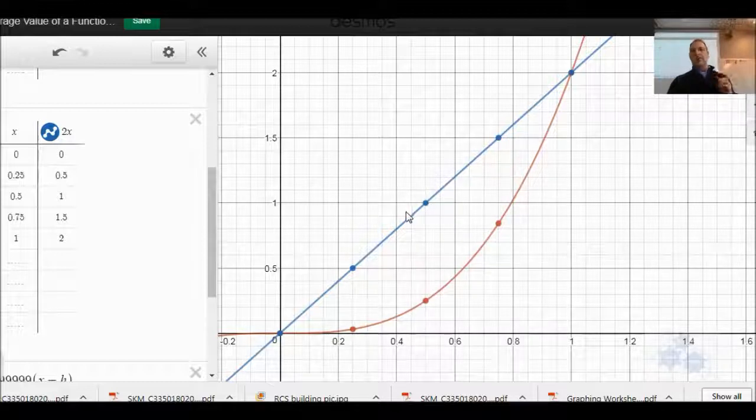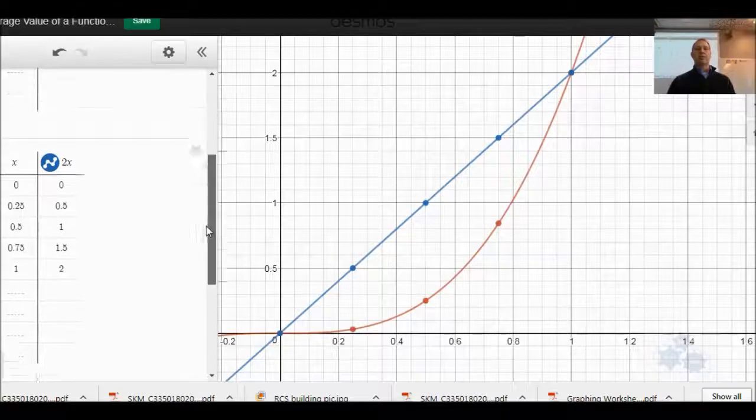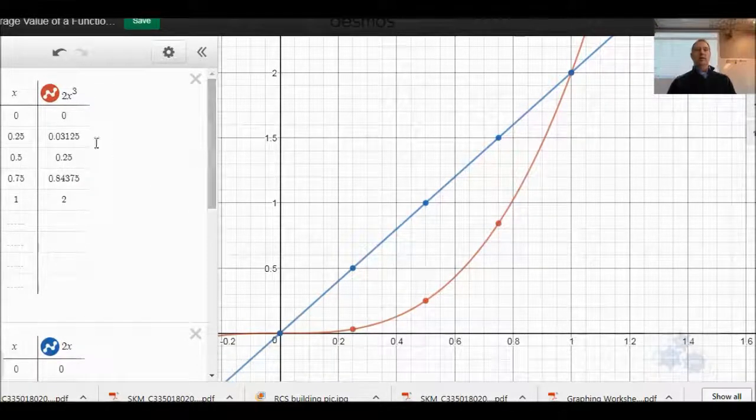Now the focus here is on the red graph, on the y equals 2x cubed. Now these numbers are a little bit different, aren't they? These numbers are still taken every 0.25 units, but I want you to notice that the y values that we're going to add are generally quite a bit lower.